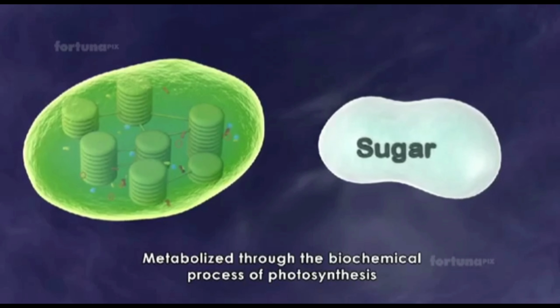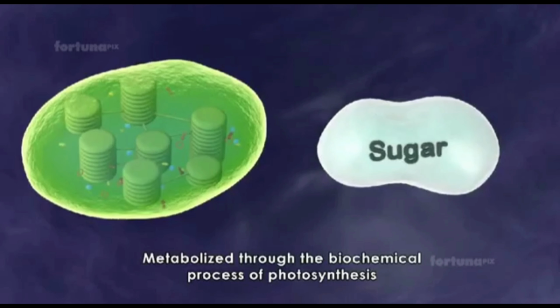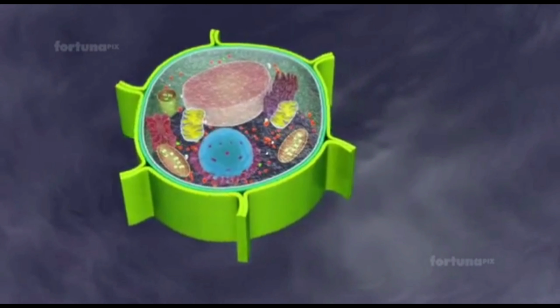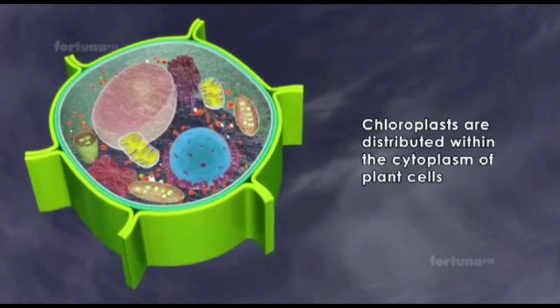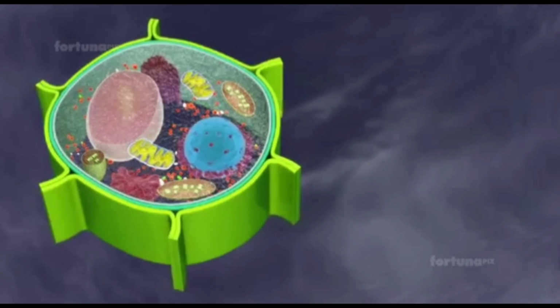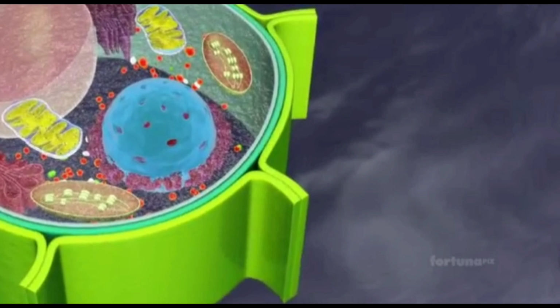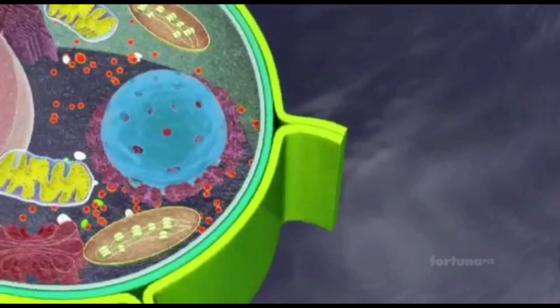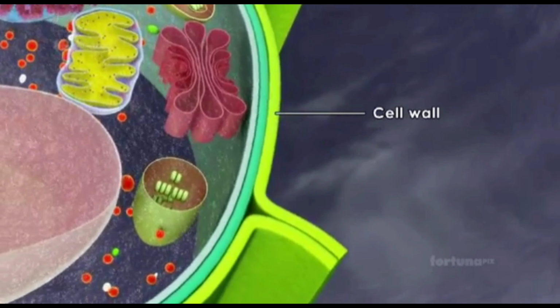Sugar is metabolized through the biochemical process of photosynthesis. Chloroplasts are distributed within the cytoplasm of plant cells. This is nucleus and cell wall.